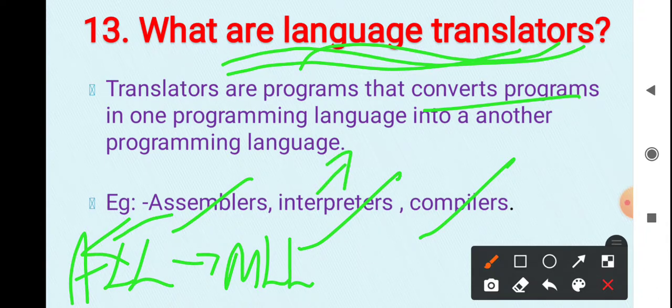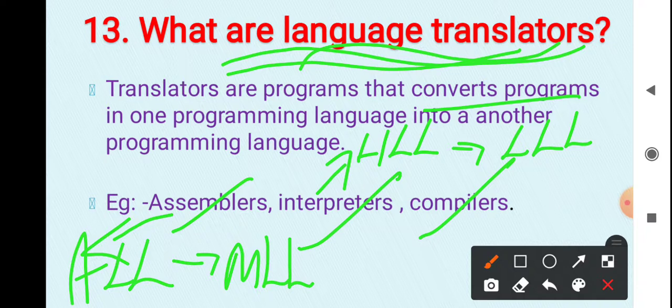Interpreter converts high level language into low level language, or machine level language, or binary level language. All three terms, binary level language, low level language and machine level language, are one and the same. By interpreters, high level language will be converted into low level language line by line.